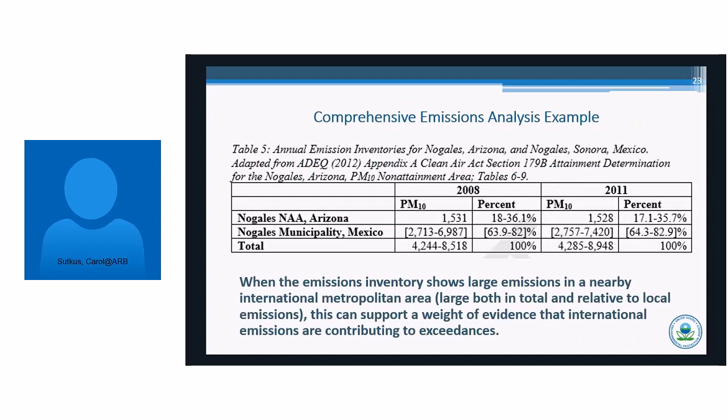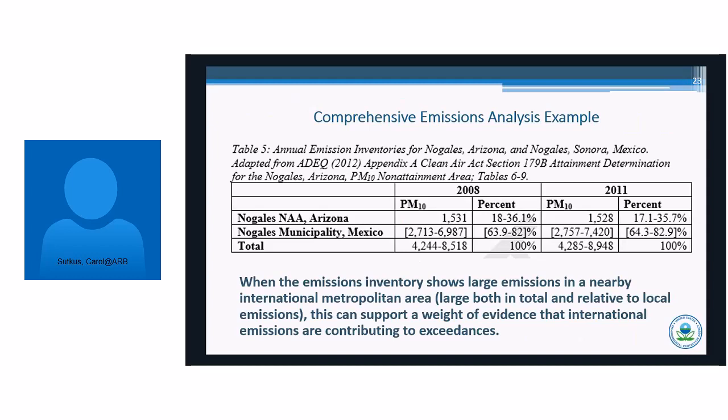We're going to go to the next slide, and this slide is showing an example from a previous demonstration. This is the Nogales non-attainment area for PM10. And what it shows is the emission inventories for 2008 and 2011 for Nogales in the first row. And in the second row, it shows an estimate of the international Nogales municipality in Mexico.